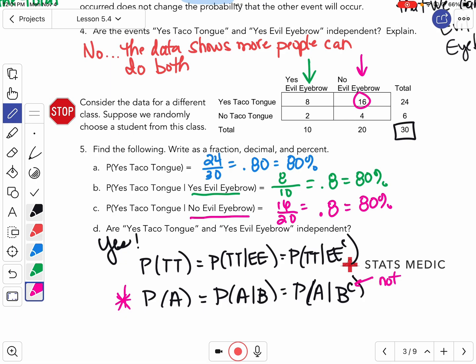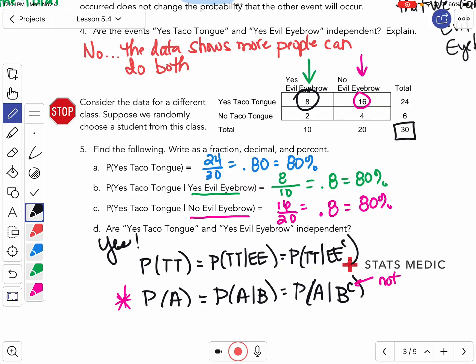If we want to prove that things are independent, looking at the data, the yes taco tongue and the yes evil eyebrow, 8 is not my largest number in that table anymore. That shows us data-wise, but math-wise, we have to prove it by checking those three probabilities. That's how we prove independence.